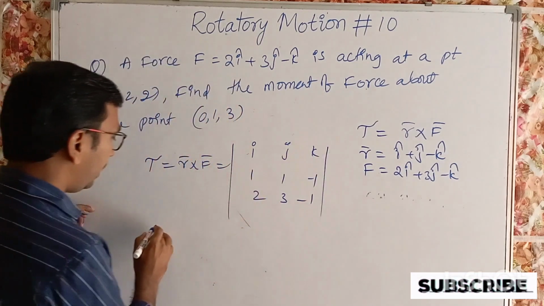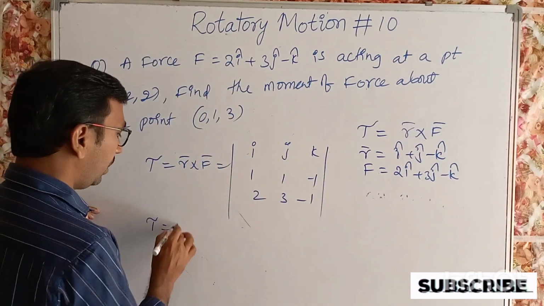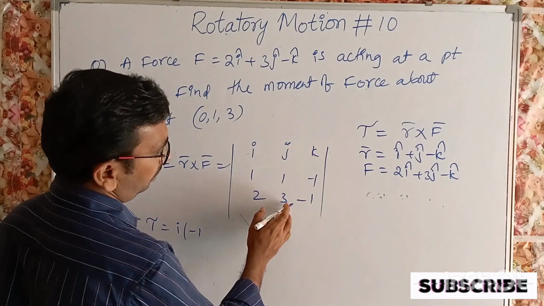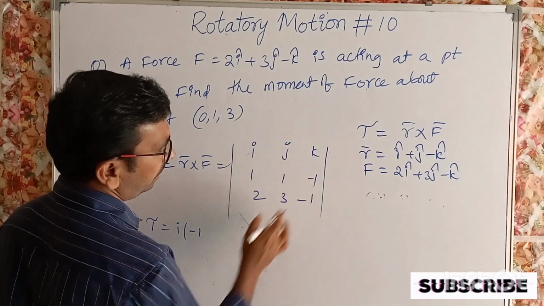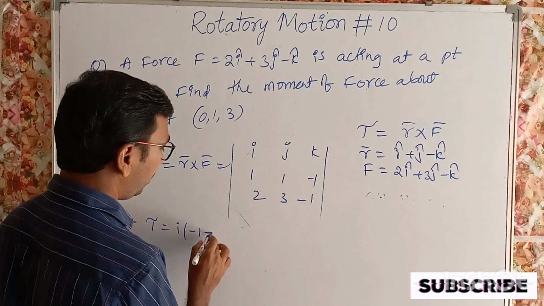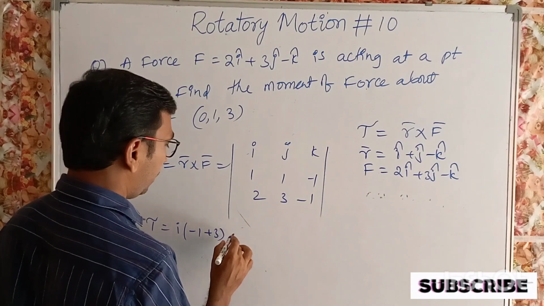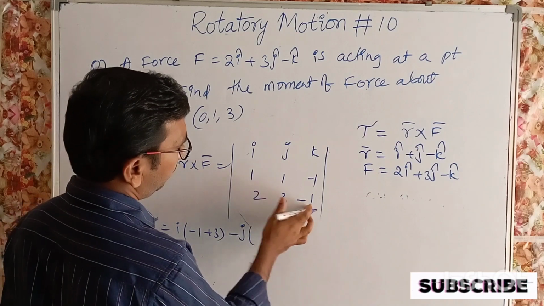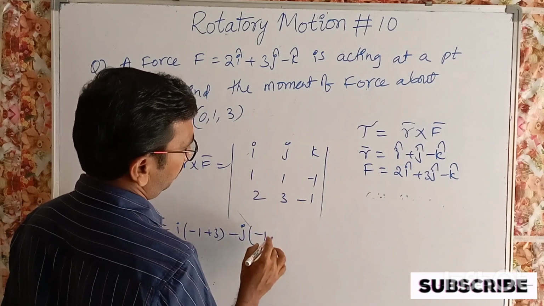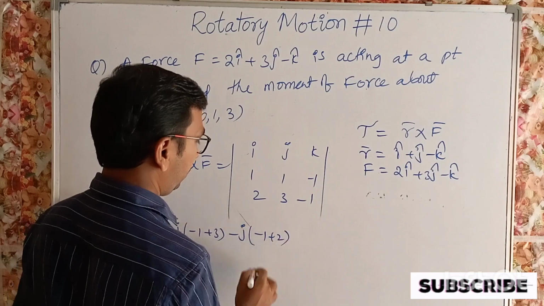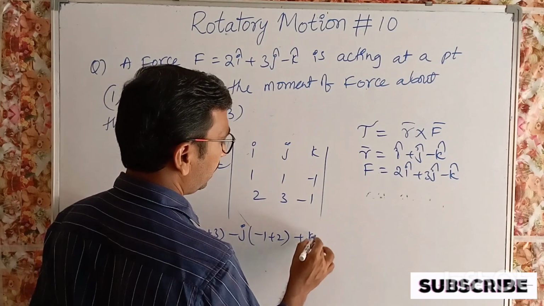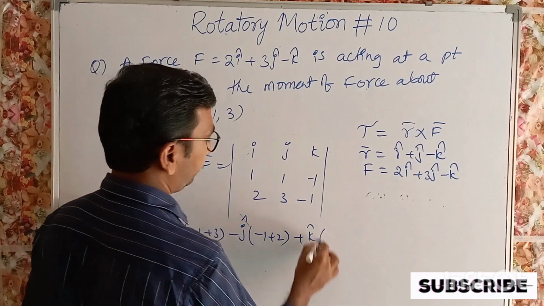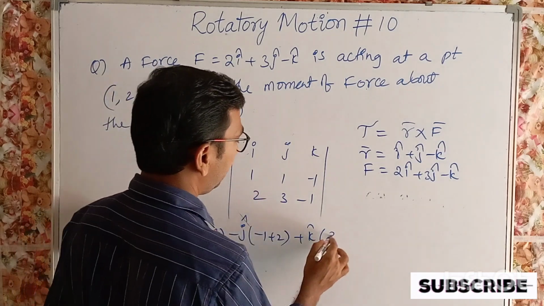For i: minus 1 and minus of minus, so plus 3. Then minus j of minus 1 plus 2, plus k cap of 3 minus 2.